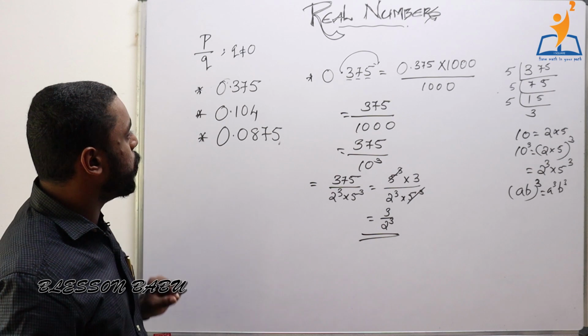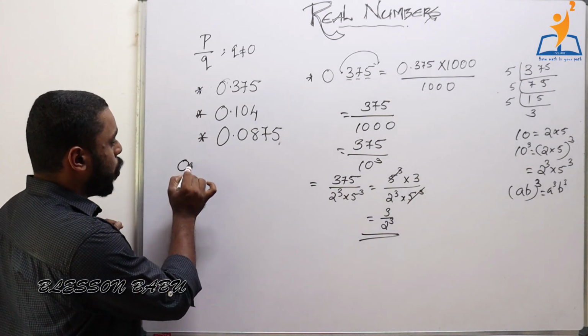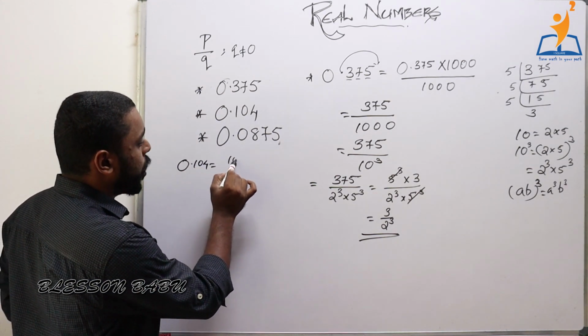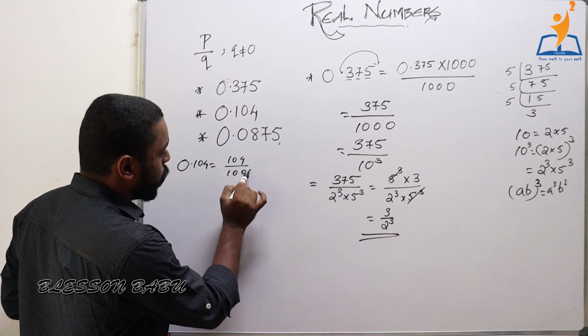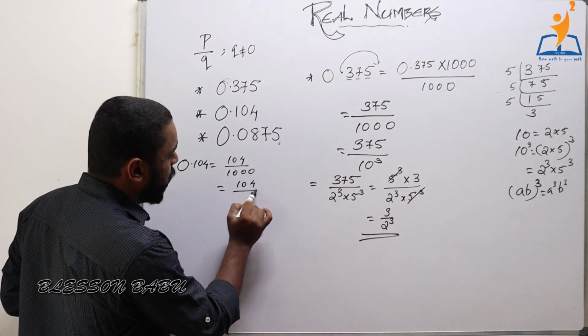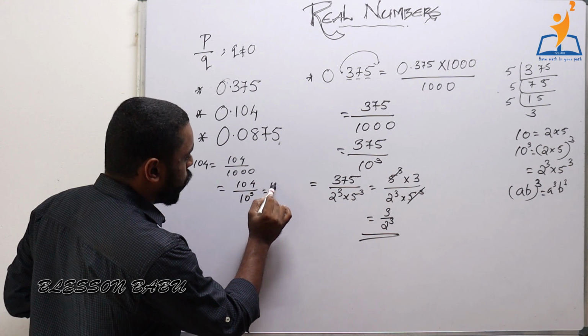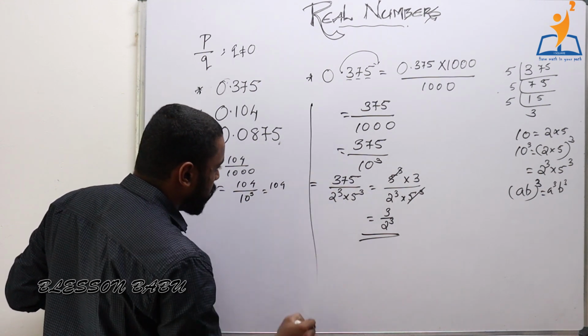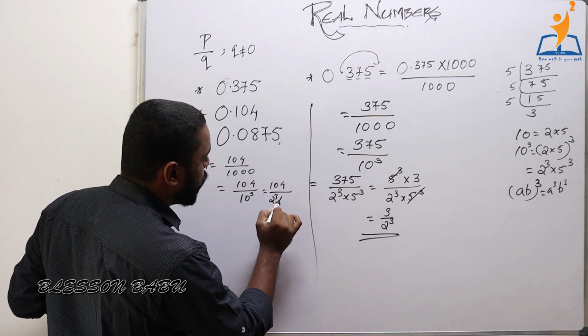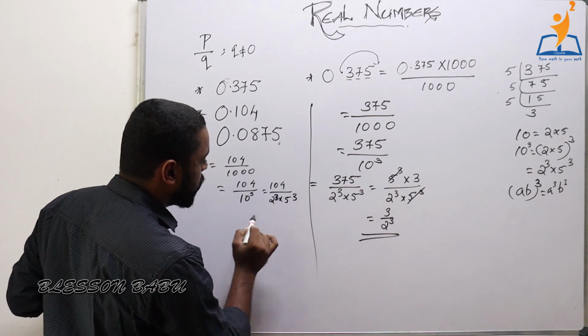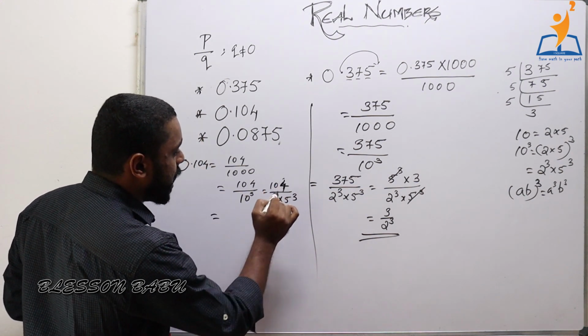Similarly we can transform 0.104. 0.104 is equal to 104 divided by 1000, equal to 104 divided by 10 cube, equal to 104 divided by 2 cube into 5 cube, right? Now we have to cancel the common terms.